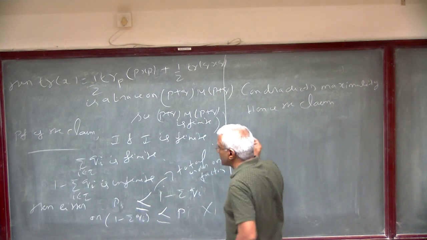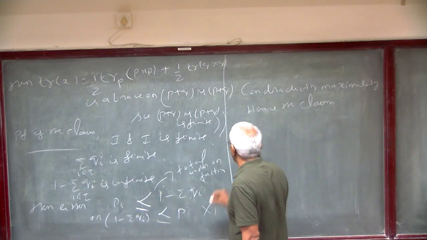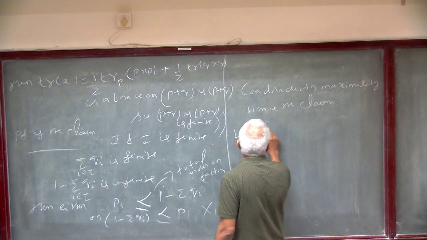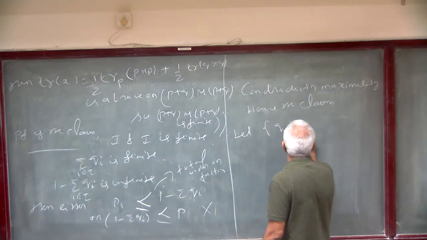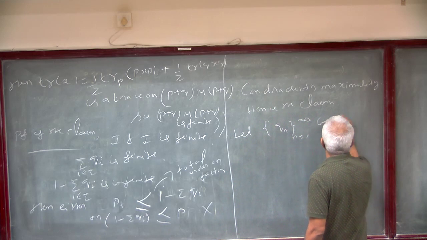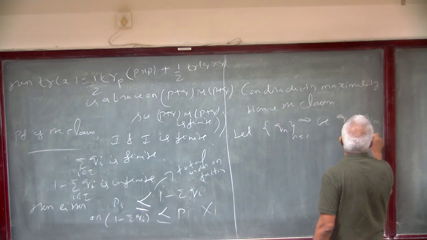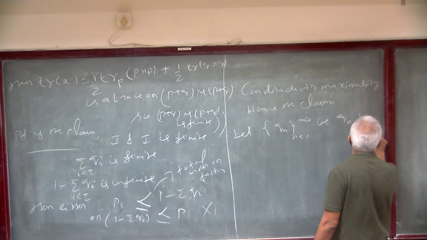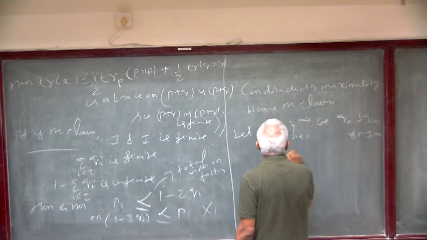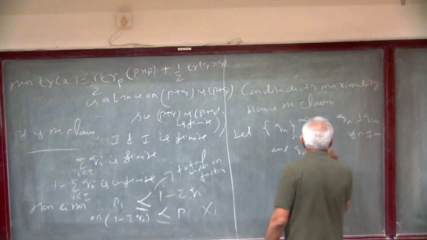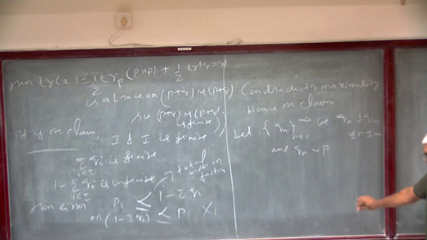So I is infinite. We assume it cannot be uncountable, so it's countable. Let Qn, n equal to 1 to infinity, be such that Qn is orthogonal to Qm if n is not equal to m, and Qn is equivalent to P. You started with a P and you have got a countable family.